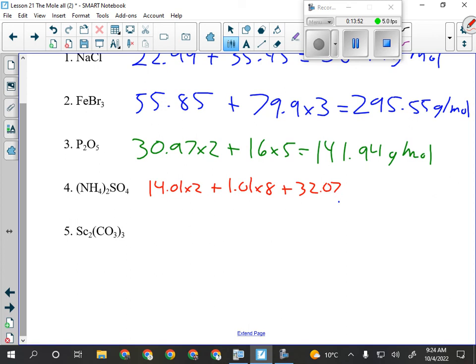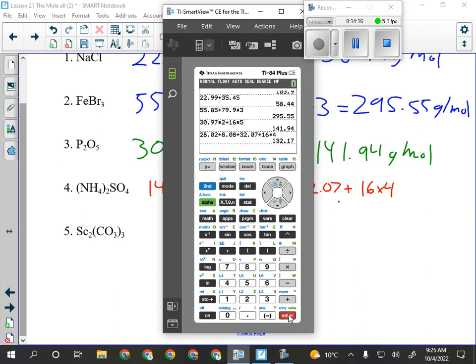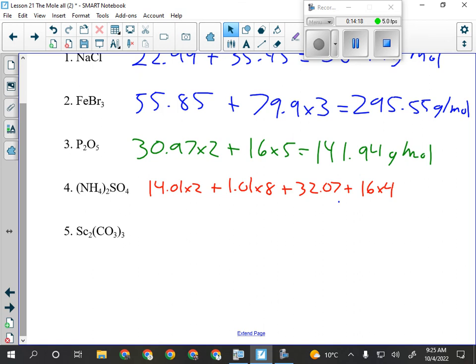And then there are 4 oxygens, 16 times 4. So if I put all that together, 28.02 plus 8.08, that's my hydrogens, plus 32.07 plus 16 times 4. 132.17 grams per mole.